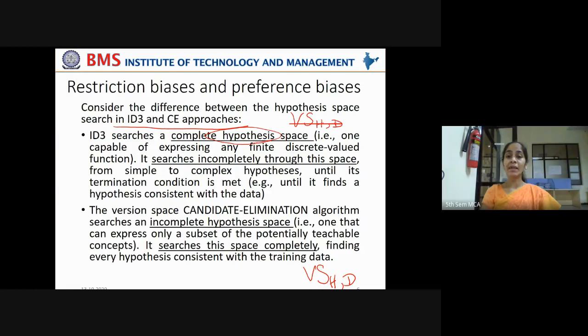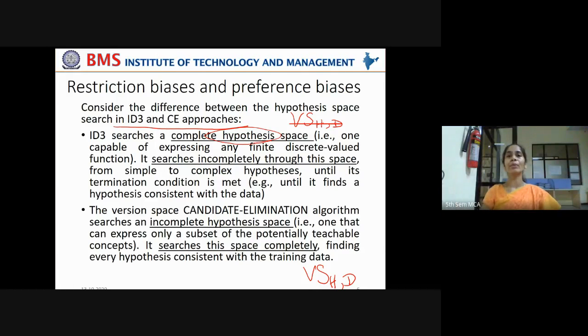Why do we call it an incomplete search? Because it doesn't search each and every decision tree. It takes the information gain measure, finds the best attribute, and goes to the next node, finds the information gain for the remaining attributes, finds the best attribute, takes it as the split point, and proceeds further.